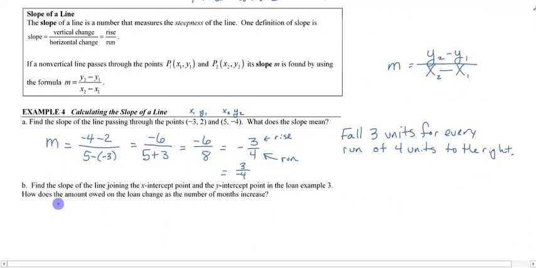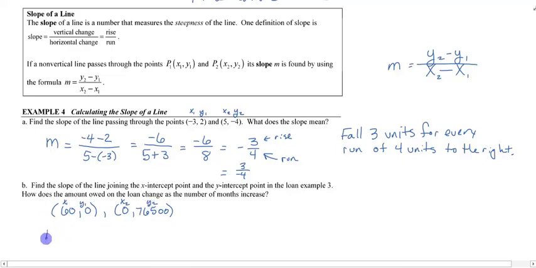So we're going to copy those points down, and let's get the slope formula going for these. So we can call this x of the first point, y of the first point, x of the second point, y of the second point.